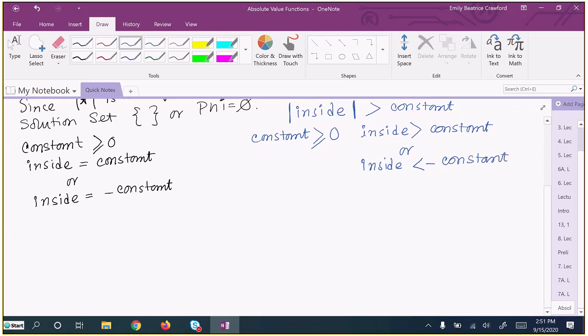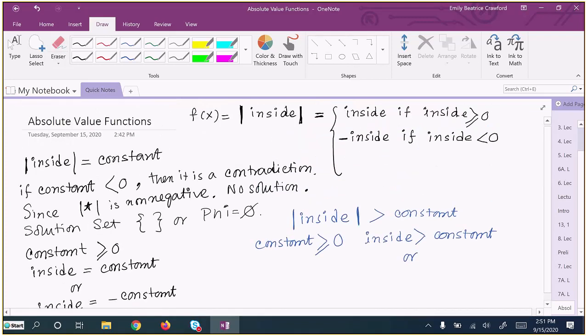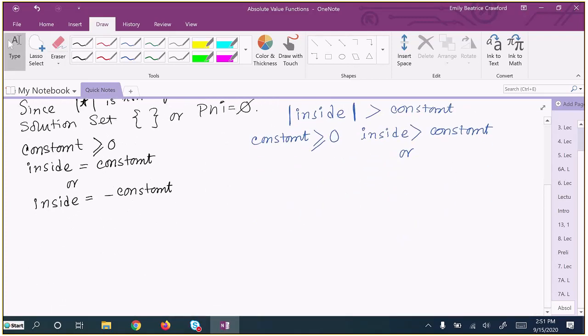So let me explain this second part of the solution a little better. So remember what absolute value becomes. It is either equal to inside or it is equal to negative of the inside. So if we say negative of the inside of the absolute value is greater than the constant, and we say greater because that's the inequality we are dealing with, then in order to get the inside by itself, I would have to divide both sides by -1.